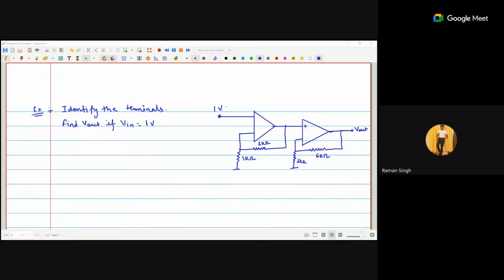So it's a negative feedback. Yeah, negative feedback. So then input is a positive terminal. This one is a positive terminal. This one is negative. Is it correct?